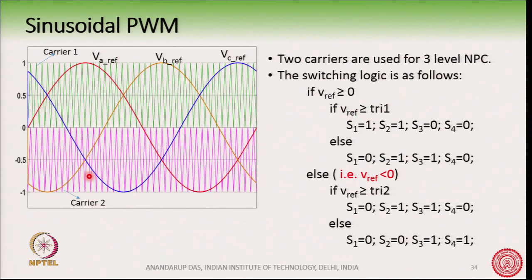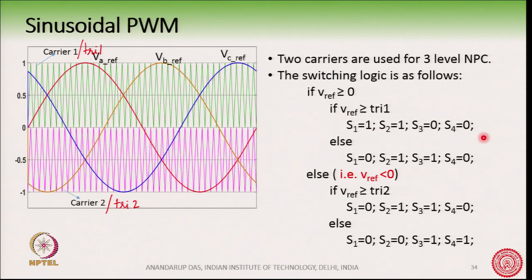We have written it carrier 1, but I can also write it as triangle 1, and here I can write it as triangle 2. Okay. So, if Vref is greater than 0 and if Vref is greater than triangle 1, for example in this region here, then I will switch on the 4 switches in this fashion.